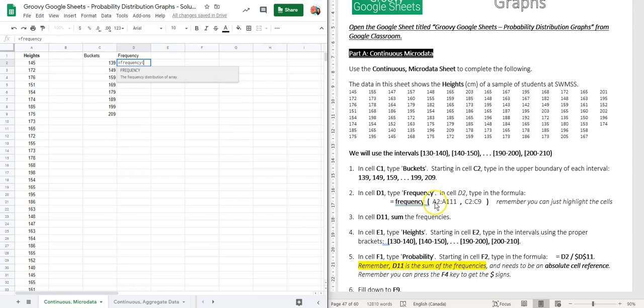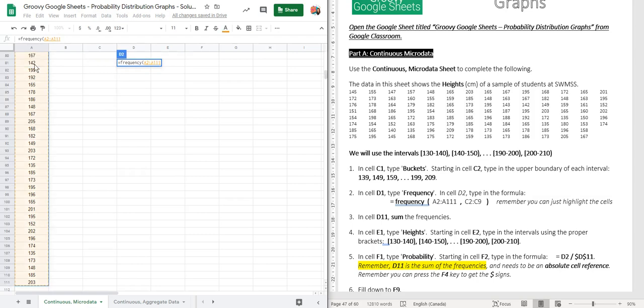And you can type in A2 to A111, or you can just highlight the data. And even a faster way is to click on A2 and then Control Shift or Command Shift if you have a Mac, and then press the down arrow key and it'll highlight all of it.